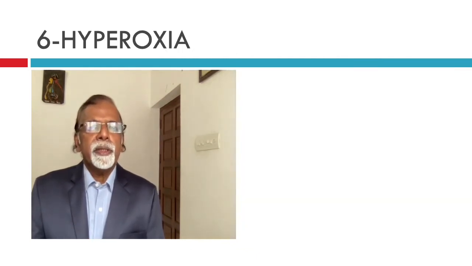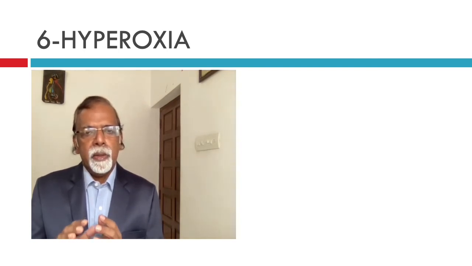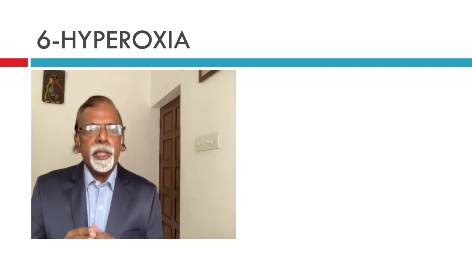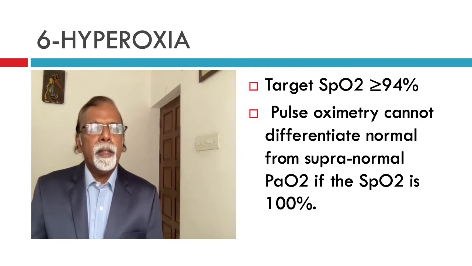Another important point is hyperoxia. Following cardiac arrest, you always give oxygen, but your target SpO2 should be around 94. Don't try to make it 100%. The reason is pulse oximetry cannot differentiate supranormal partial pressure of oxygen.